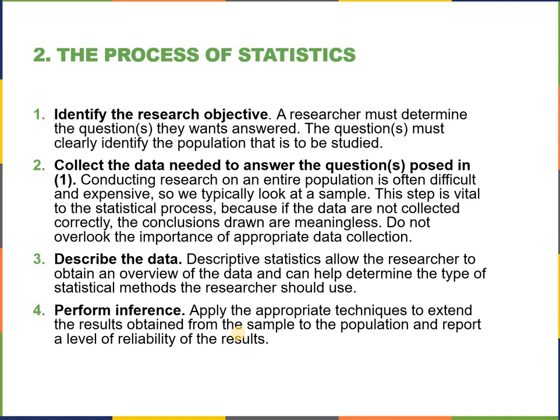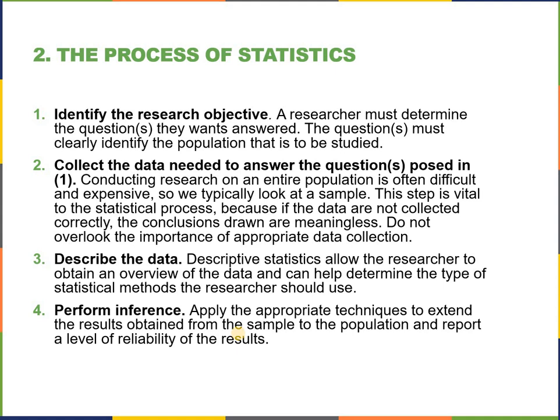The process of statistics. How do we conduct statistics usually? There are 4 main steps in statistics, in this order. First step is identify the research objective, which means a researcher must determine the question they want answered. The questions must clearly identify the population that is to be studied. That is the first step, identifying the research objective and the research population.